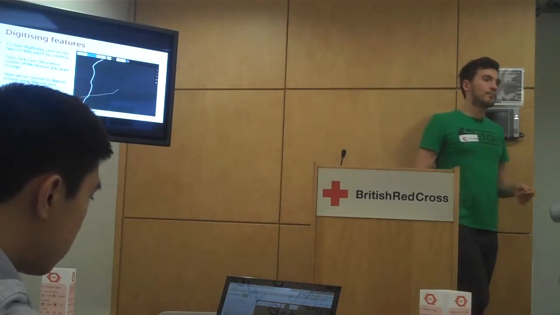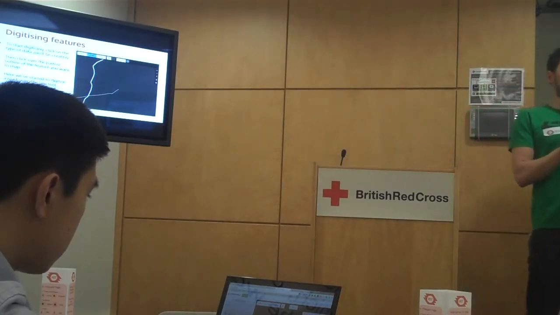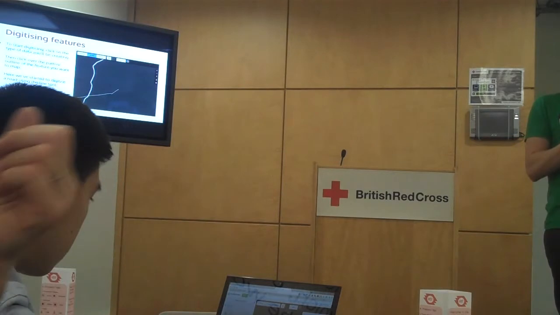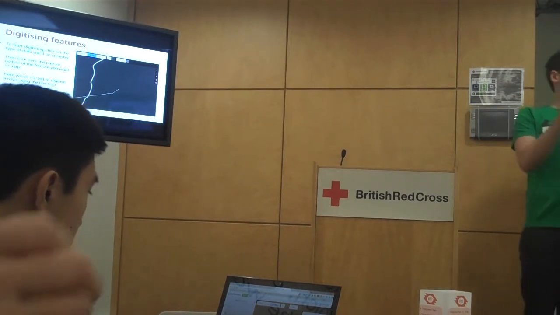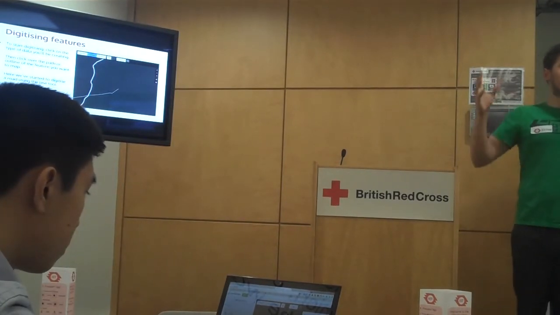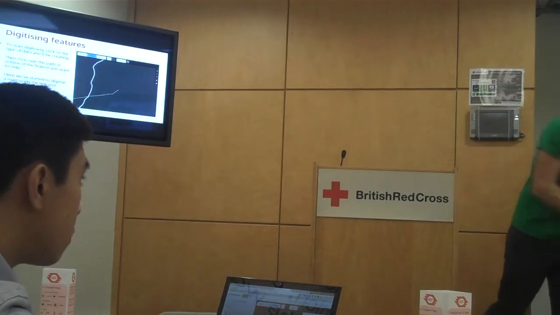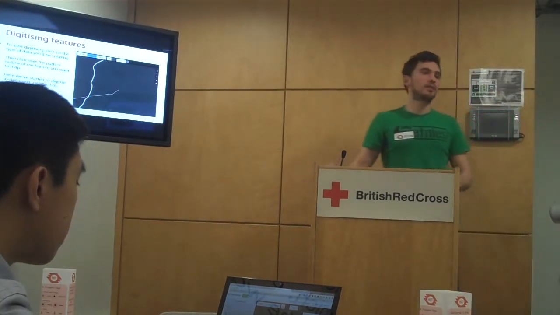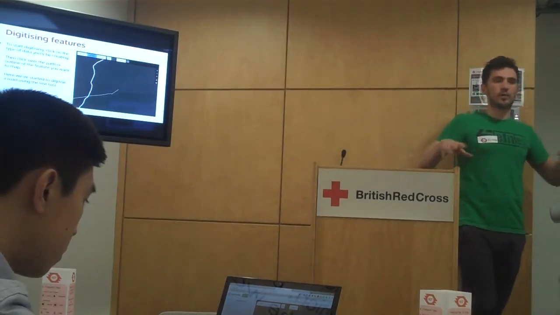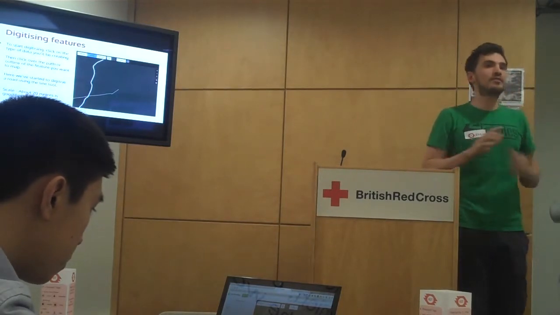Okay, so 3 types of things that we can add to the OpenStreetMap database: points, lines, and areas. So a point would be something like a postbox or a tree or something like individual features.